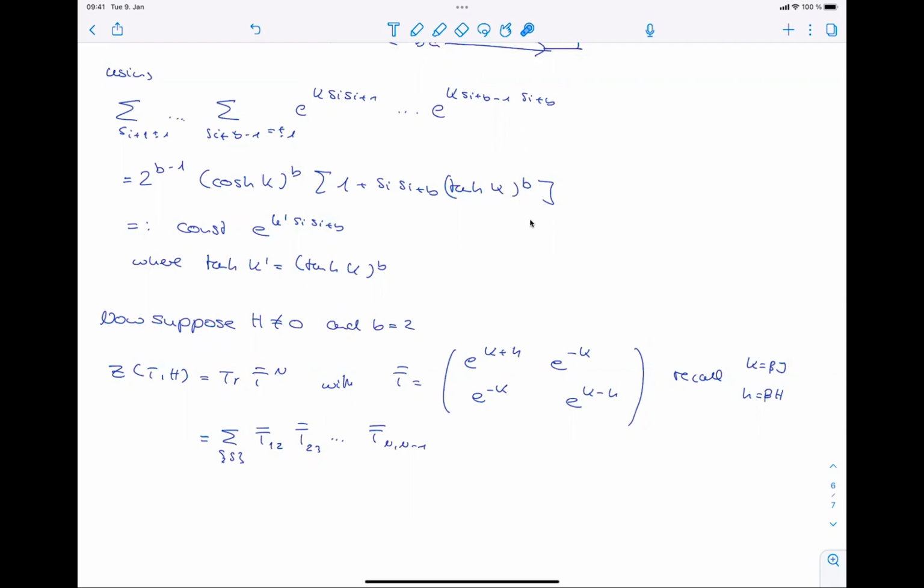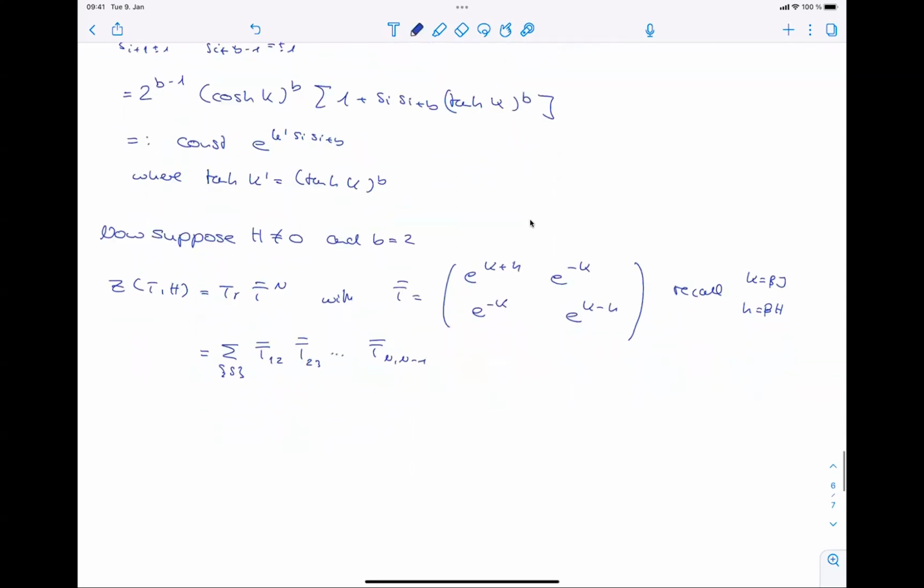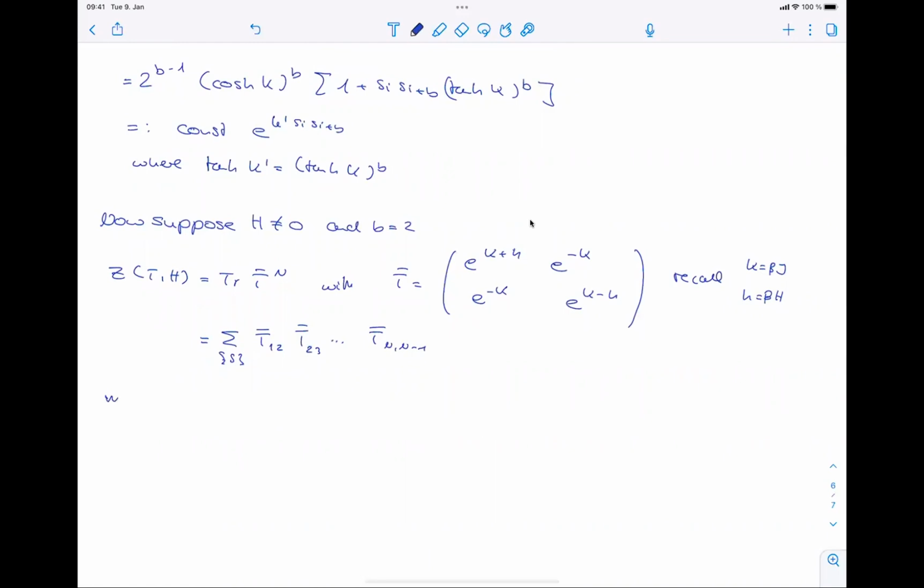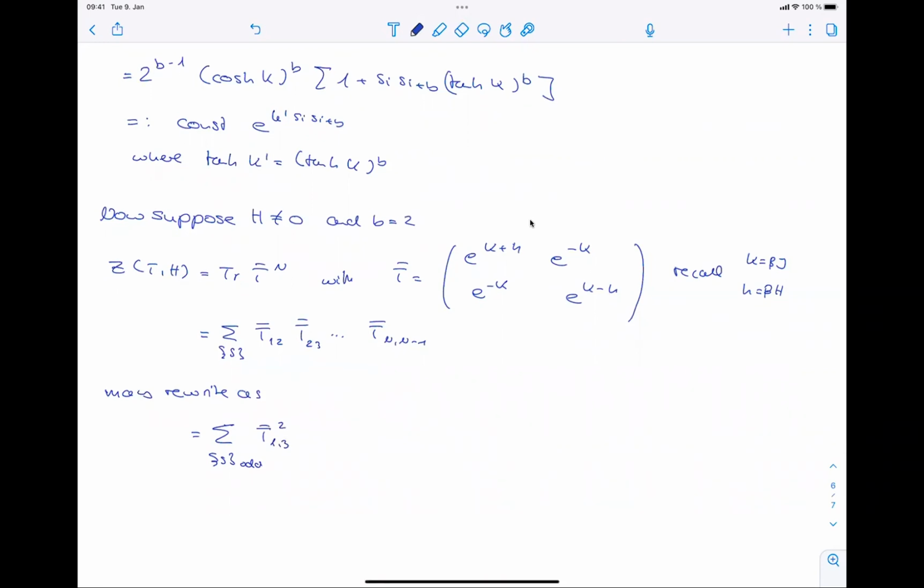What this actually means is that we may rewrite this as only summing over the odd spins, because I summed out the even ones, which then says that I have the transfer matrix going from 1 to 3, and that's the square, and then the square from 3 to 5, and so on.